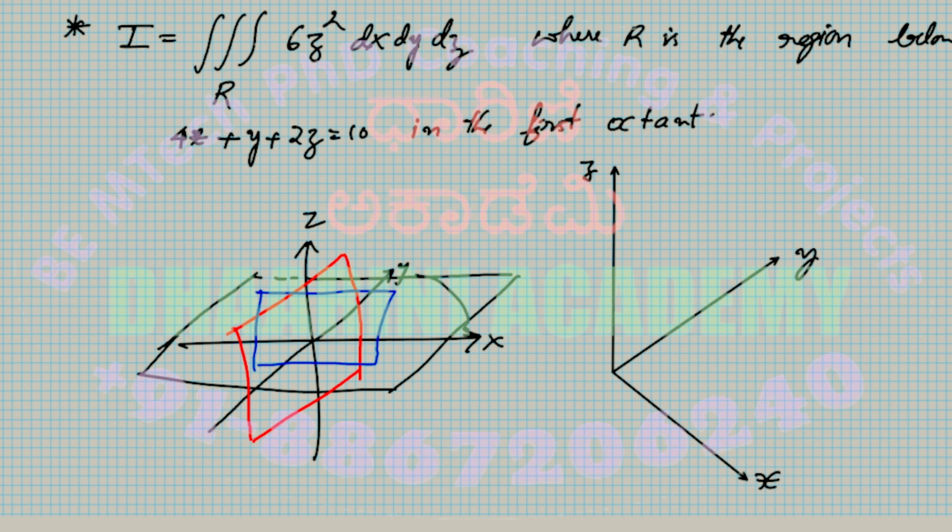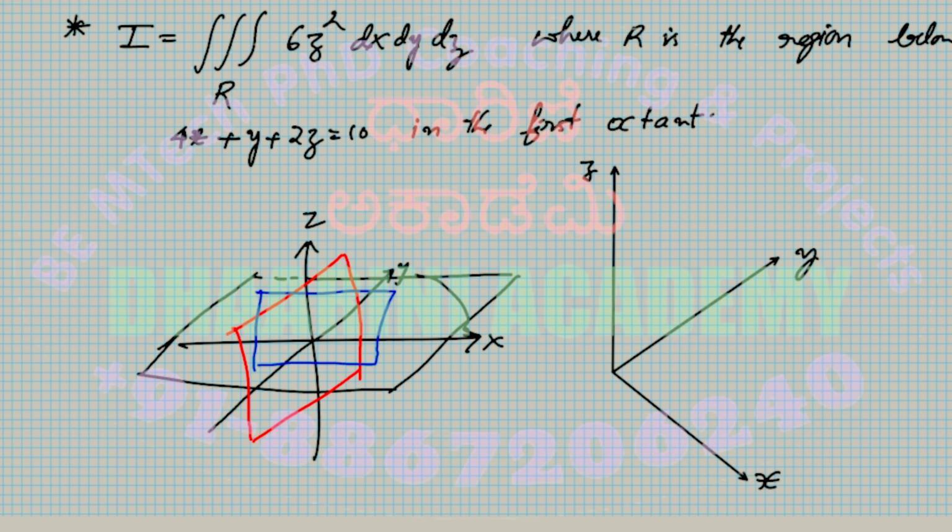It has to be specified because unless they specify, we will not be able to write the limits. Normally the question will be either in the first octant or in the eighth octant, where all are negative, because they don't want people to get confused.